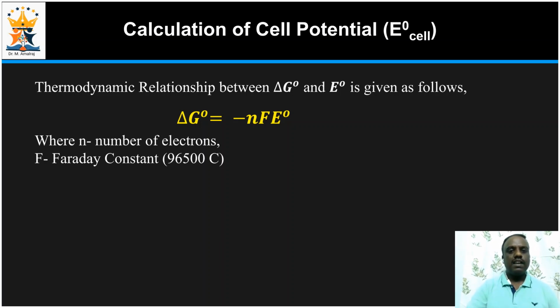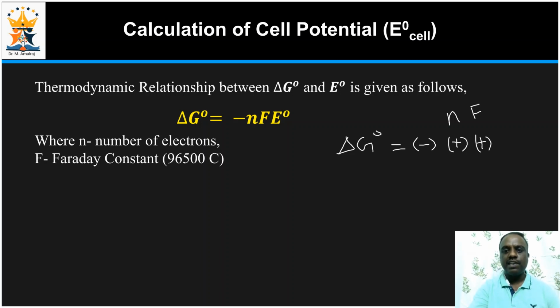Since n and F can never be negative, the sign of E naught decides the sign of delta G naught. See this: delta G naught equal to minus nFE naught. There is a negative in the formula, and n can never be negative and F can never be negative. So the sign of E naught decides the sign of delta G naught.